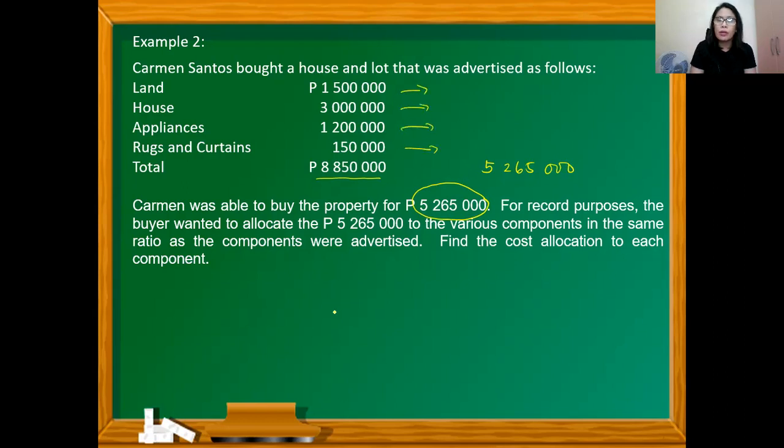Now, for example, for land, we can go back to the steps on how we allocate. We were not given the ratios here. Instead, this will be our numerator, and the denominator will be our total here. So for land, 1,500,000. You don't need to simplify because you will be using a calculator. So 8,850 and the 3 zeros.